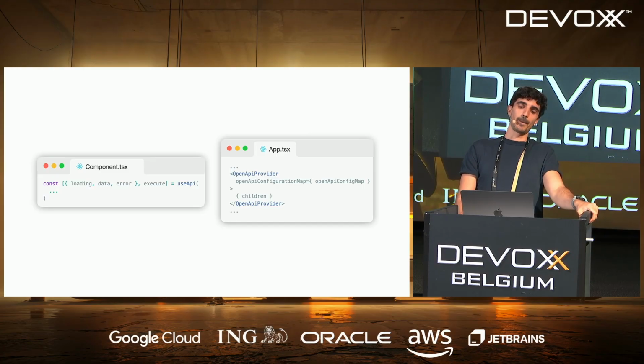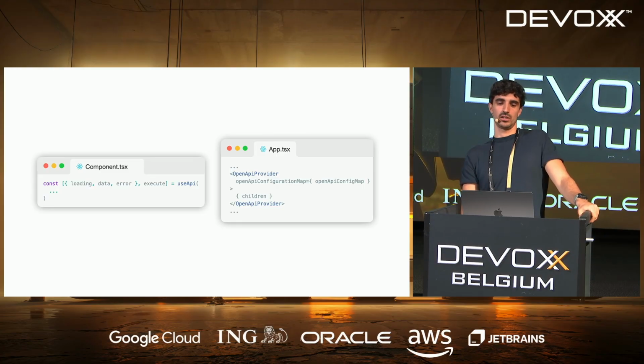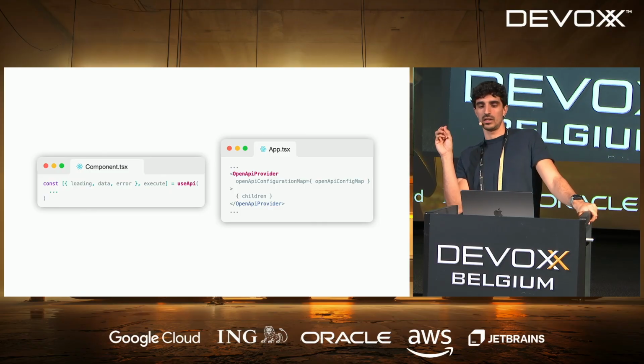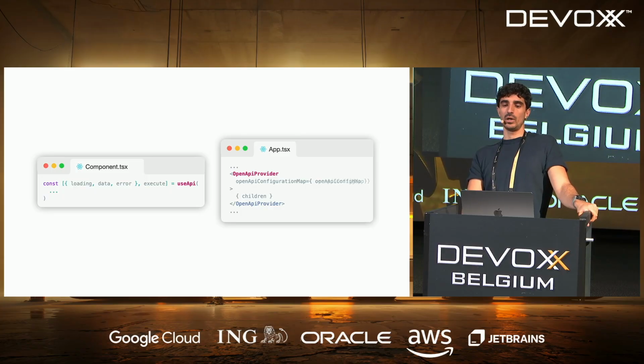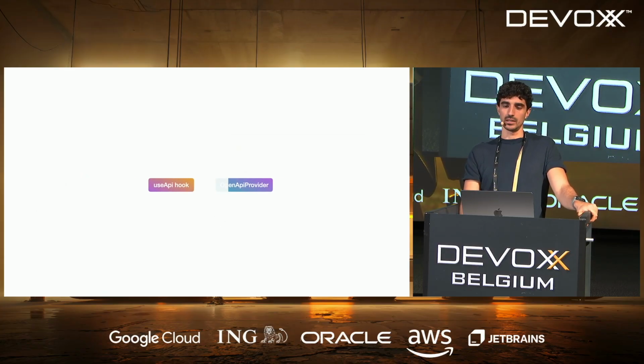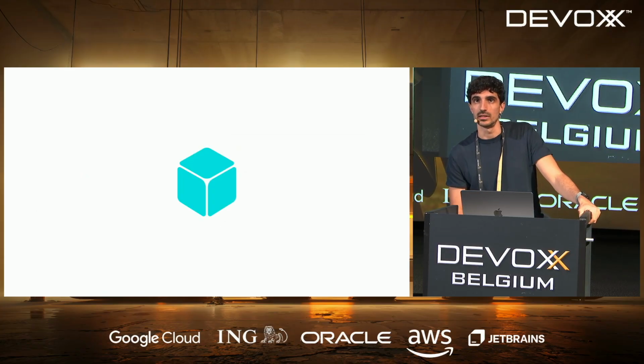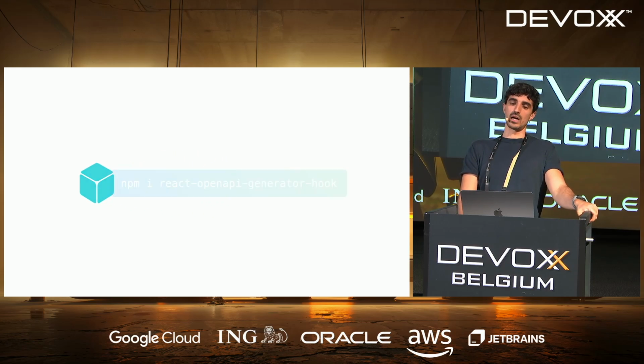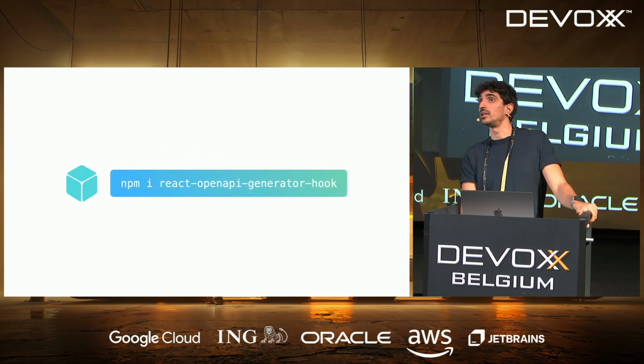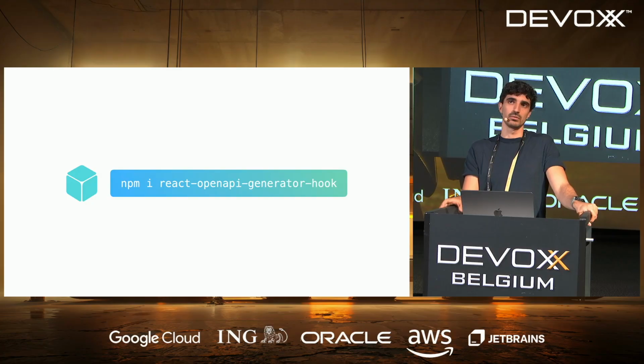So now let's focus on the two key pieces of this presentation: the useAPI hook and the OpenAPIProvider. Well, we extracted those and distributed them as a library, which is now on npm. So I advise you to try it out and check it out.